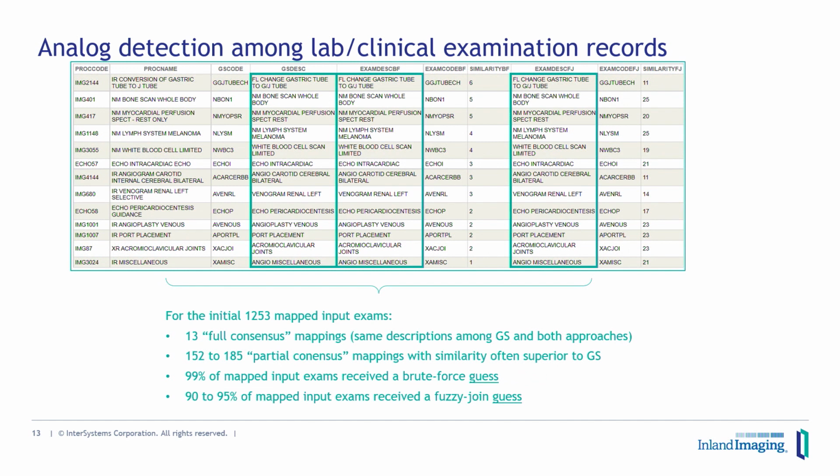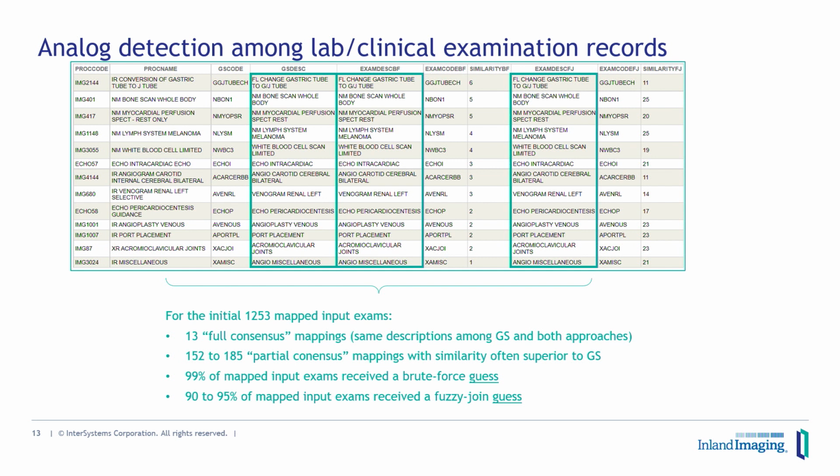By the same token, we've also applied the same methods to the mappings that have been done by the humans. And that was also an educative experience in the sense that we found some cases where the algorithms suggested sometimes even a more correct mapping than the humans did. But in principle, we've taken 1,253 mapped input exams. Out of them, we've got 13 full consensus mappings.